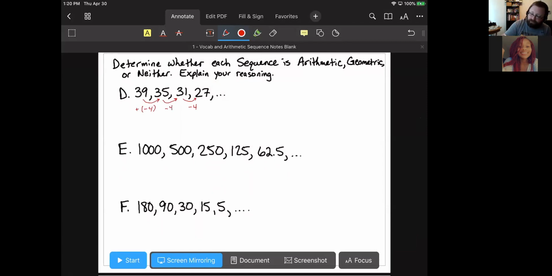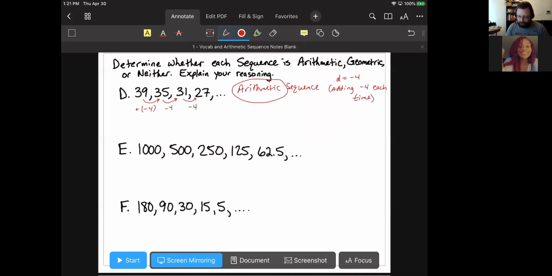This is an arithmetic sequence, okay, with a common difference of -4.